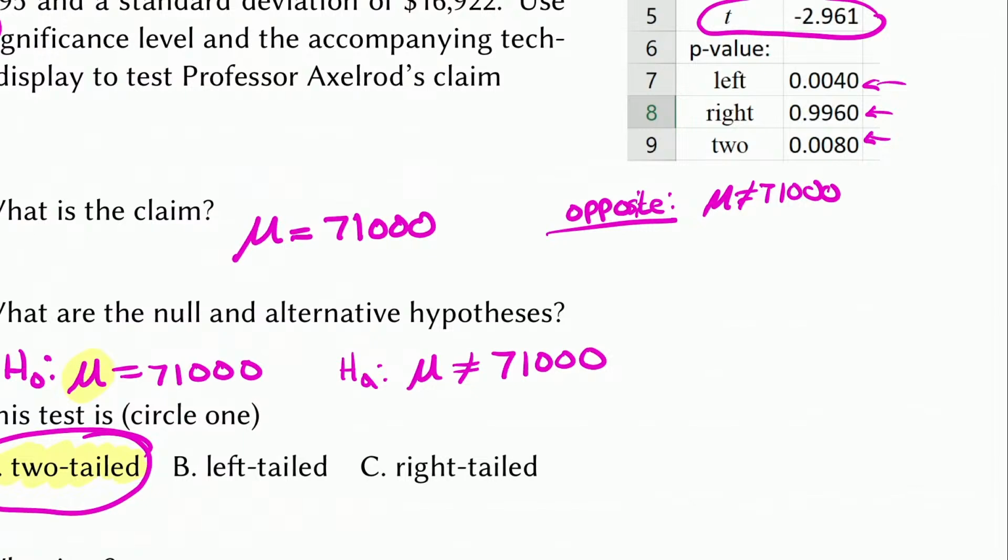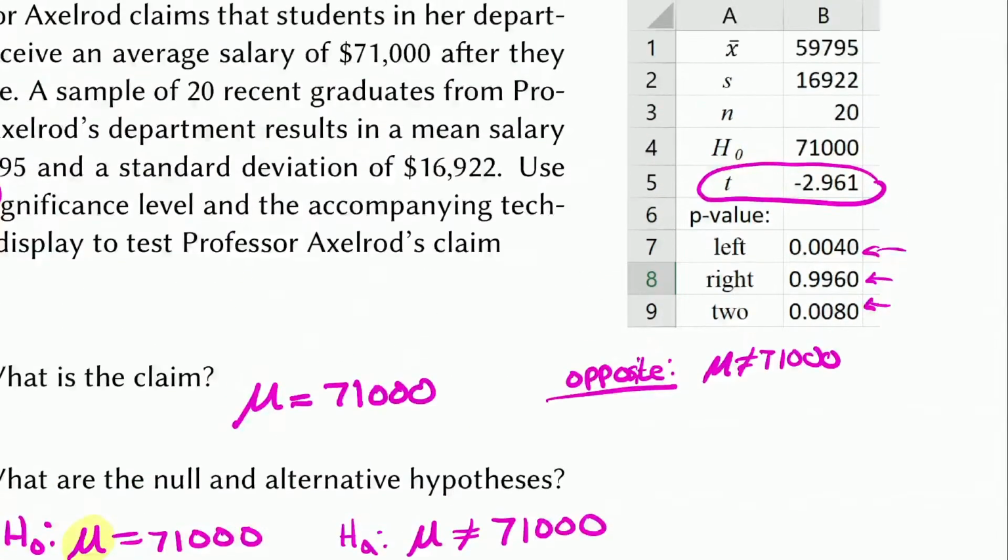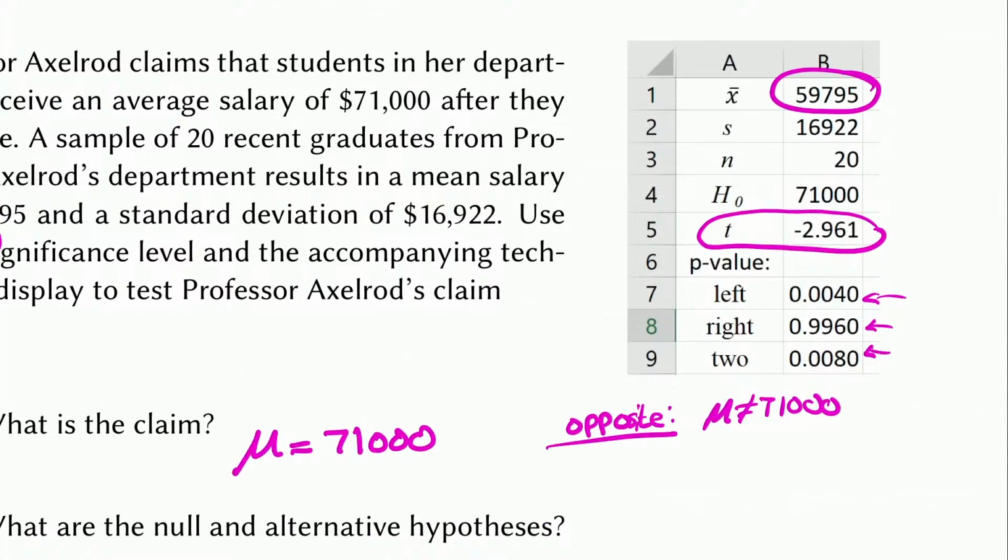Another thing is the right-tailed: let's say you were testing the claim that Professor Axelrod's students earned more than 71,000. If you got this data, this is clearly less than 71,000. Anytime you're doing a one-tailed test and your sample is on the opposite side of the null hypothesis than your claim, you've lost. So that's why this is so big.